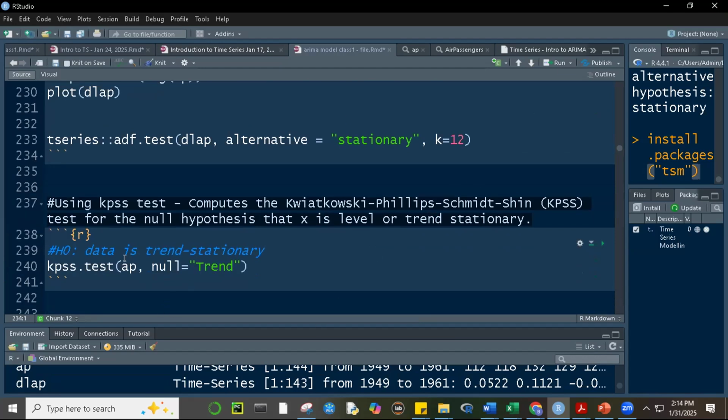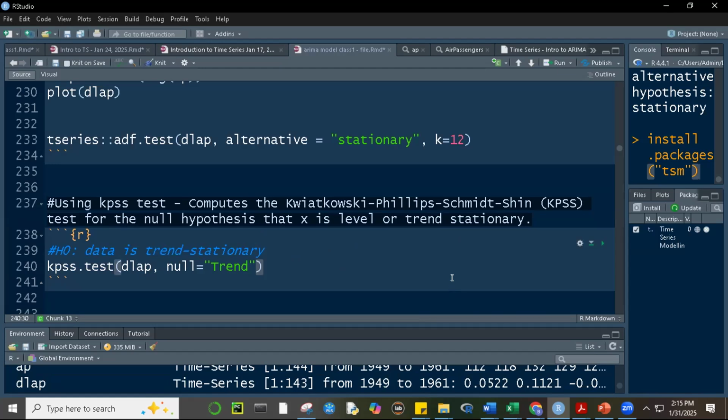Take a look at this, class. We will have to change this to DLAP, because this is what we log and difference. The KPSS test is a more powerful test than the ADF test. Here, the null hypothesis is that the data is trend stationary.